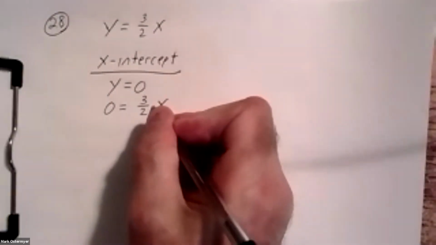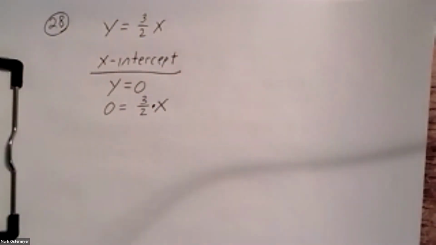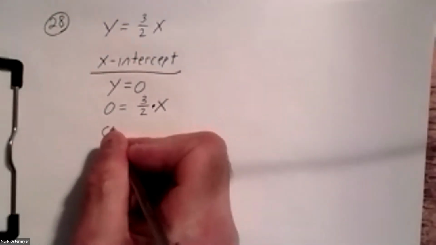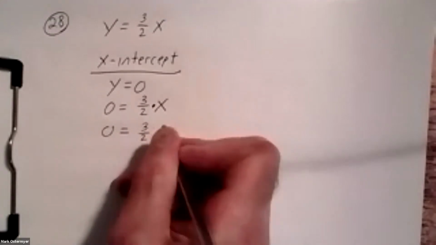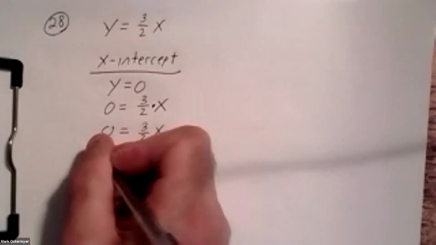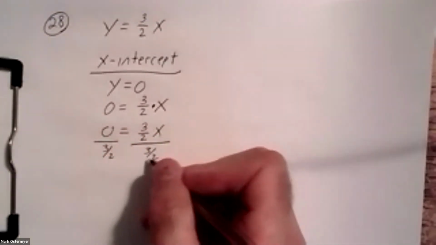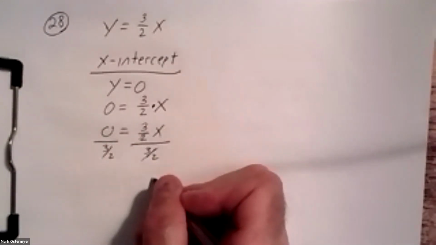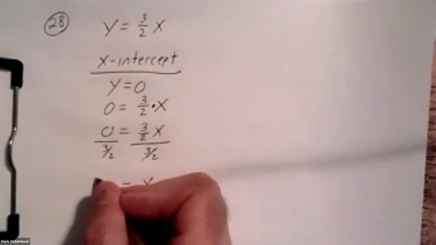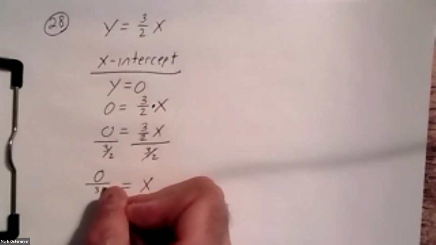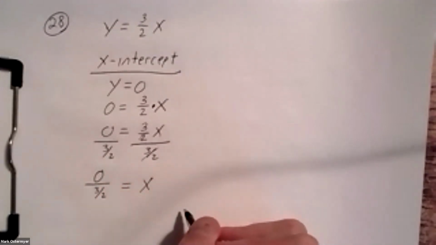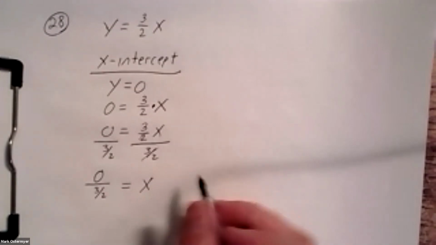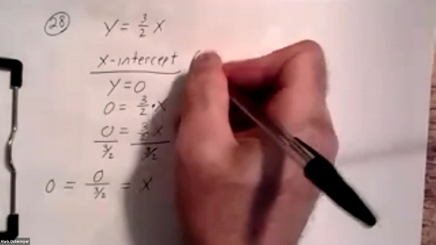Divide both sides by 3/2. The 3/2 on the right side reduces out to 1, and 1 times x is just x. What's 0 divided by any non-zero real number? 0.